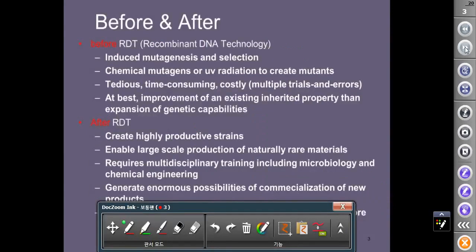So let me go further with the discussion as to why this RDT is so important. Okay, so before RDT, everything was so non-specific. They didn't have the tool, or they didn't know how to introduce a certain gene into some cell and produce that in large quantity.